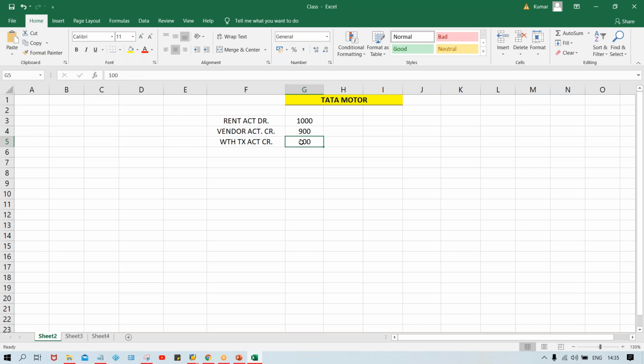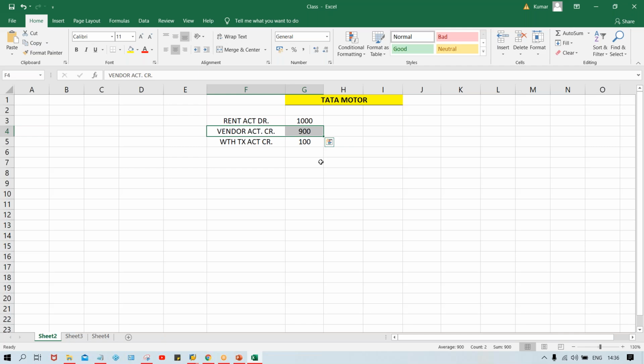Later, once we have to make payment to the vendor, since we have an open item worth 900, how much are we liable to pay? Only 900 payment is going to be made. The 100 rupees was deducted in the form of withholding tax. That 10% we have retained with us, and that is going to be paid to the tax department.